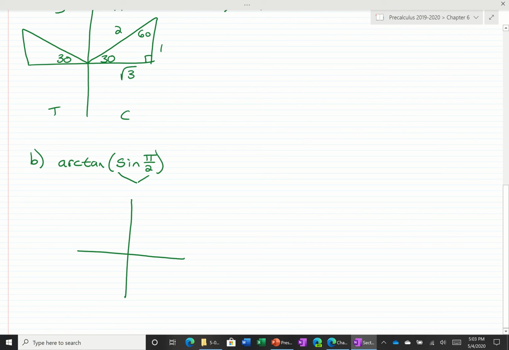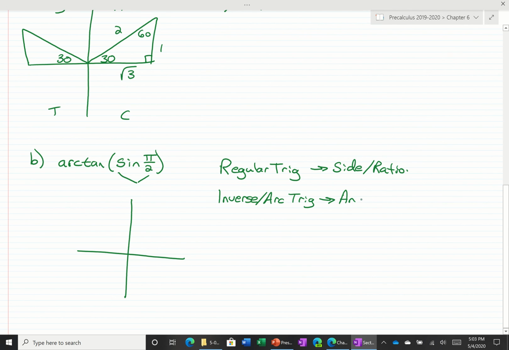Well, the sine of pi over 2 is not going to give us an angle, right? A regular trig function just gives us an answer like 0, 1/2, 1/3. So let me write that down. Regular trig gives a side or a ratio, and inverse trig, or arc trig, gives an angle.